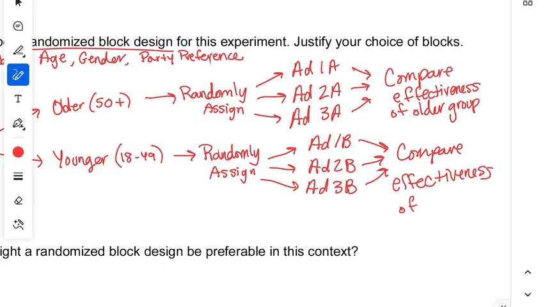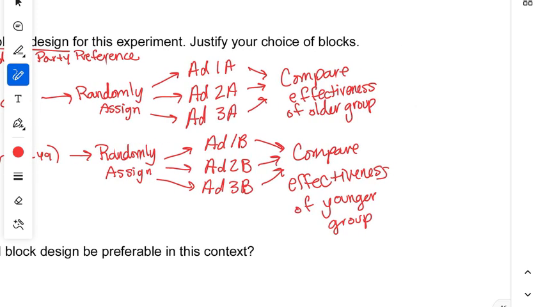Could you not combine them to see the overall picture? Then at the end, yes. Yep. So after you compare them within their block, then you compare overall effectiveness of ad.